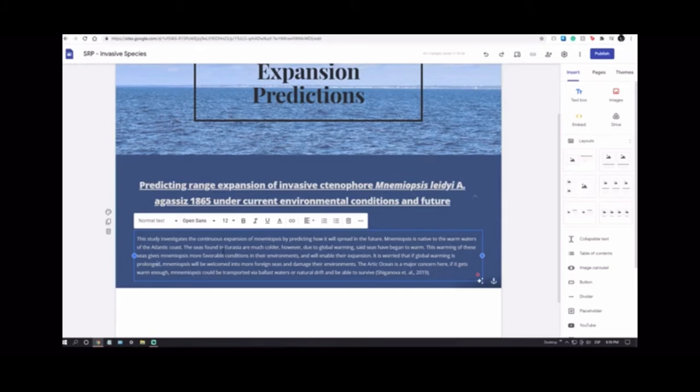The Caspian and Black Seas are pretty cold compared to the Atlantic Ocean that Mnemiopsis is native to, but due to global warming, they are now warmer, allowing it to survive a lot easier. So if this continues, they will continue to expand.